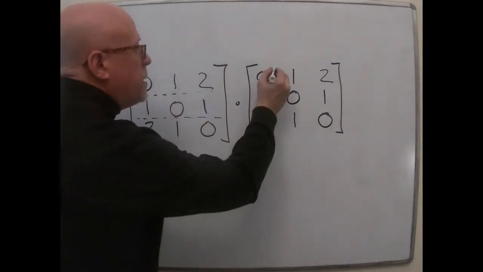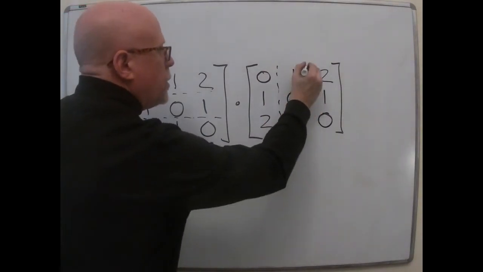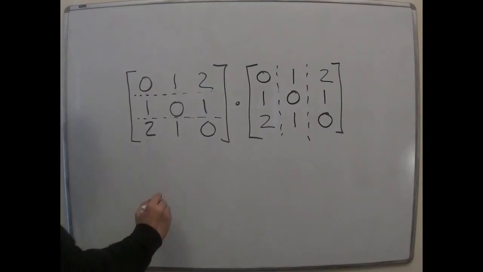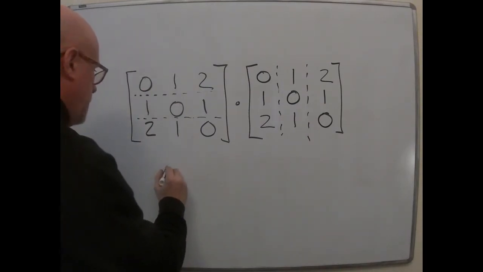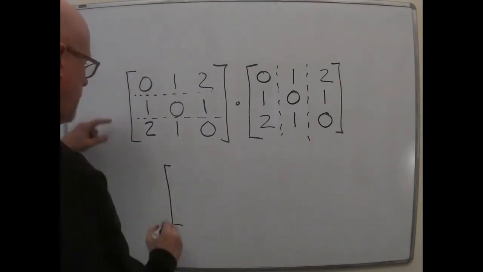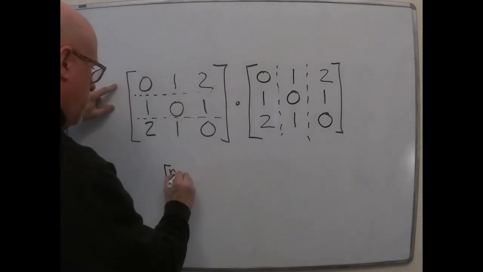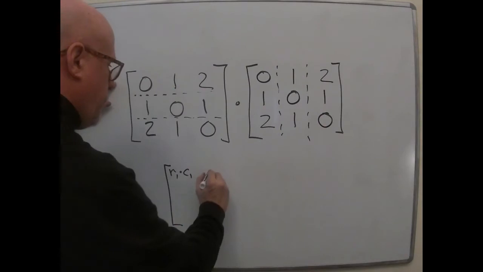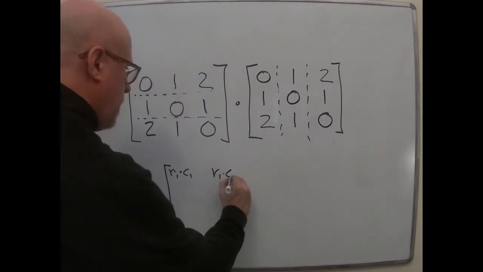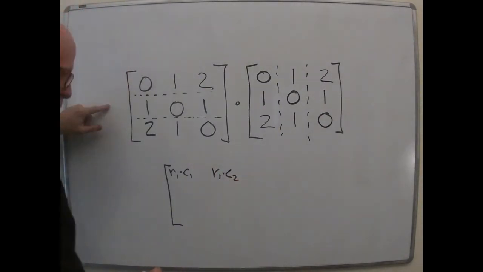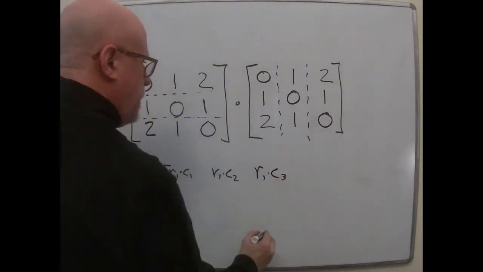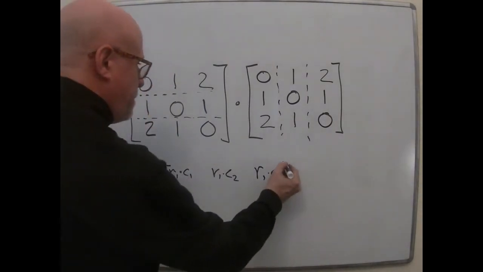And into this second matrix, you'll put in little dividers to break it up into 3 columns. And then the product is something like row 1 times column 1 in that position, and row 1 times column 2 in that position, and then row 1 times column 3 in that position.